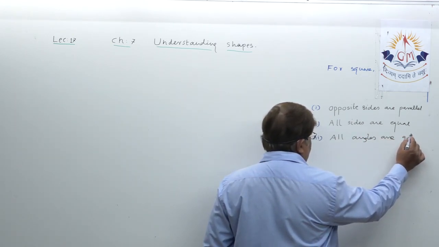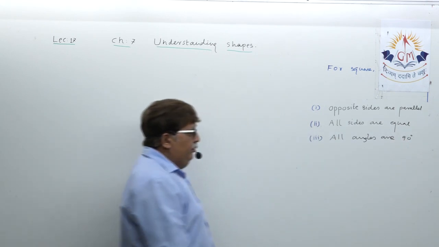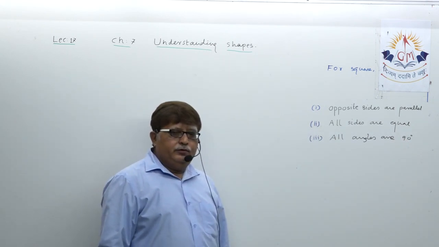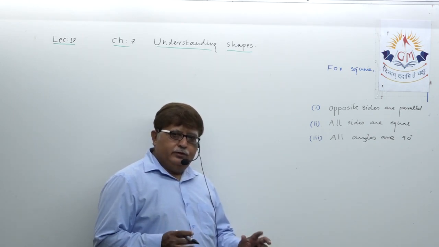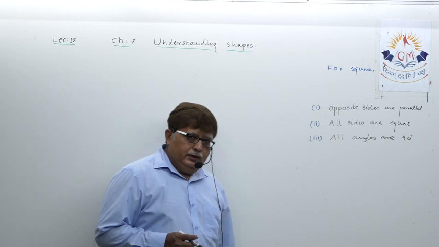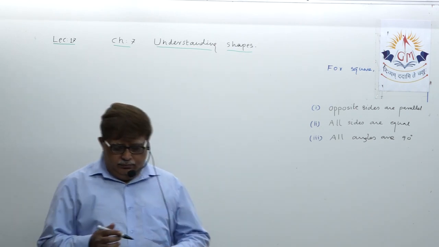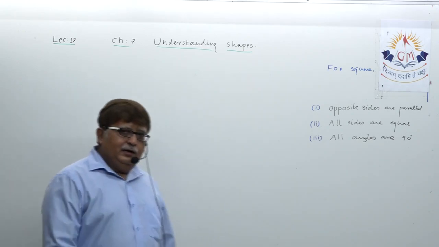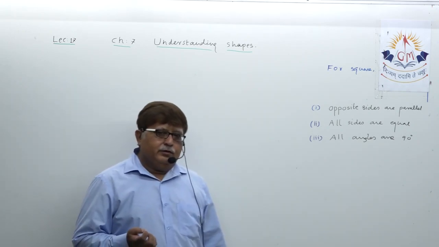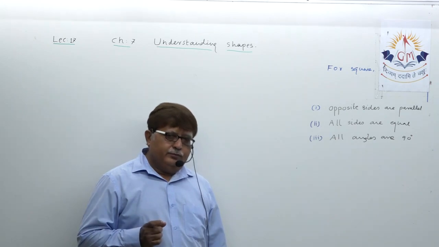I am not using the word right angle, all angles are 90 degrees. That's the contrast between rhombus and square. At least these three properties are actually our basic concept regarding square.